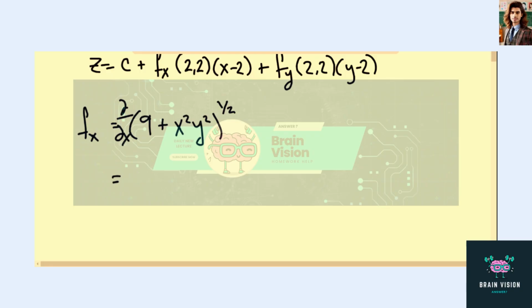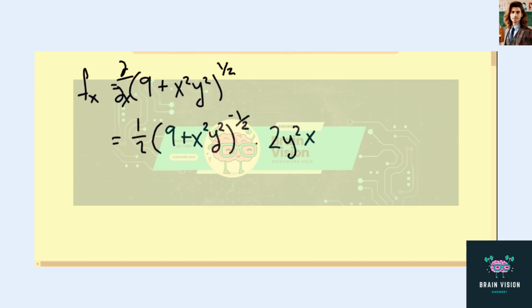When we take the partial derivative with respect to x, we're going to get 1/2 times (9 plus x squared y squared) to the power of negative 1/2. We'll multiply this by 2y squared times x, because we're treating the y as a constant.